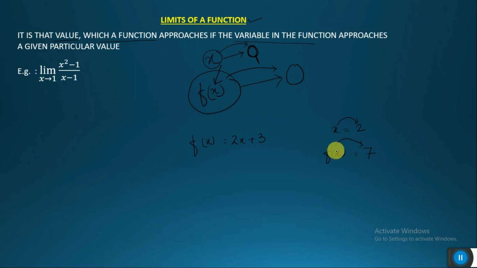So limit of the function means it is that value of the function which is obtained when the variable in our function approaches a given particular value. Understand? This is how we understand what is limit.